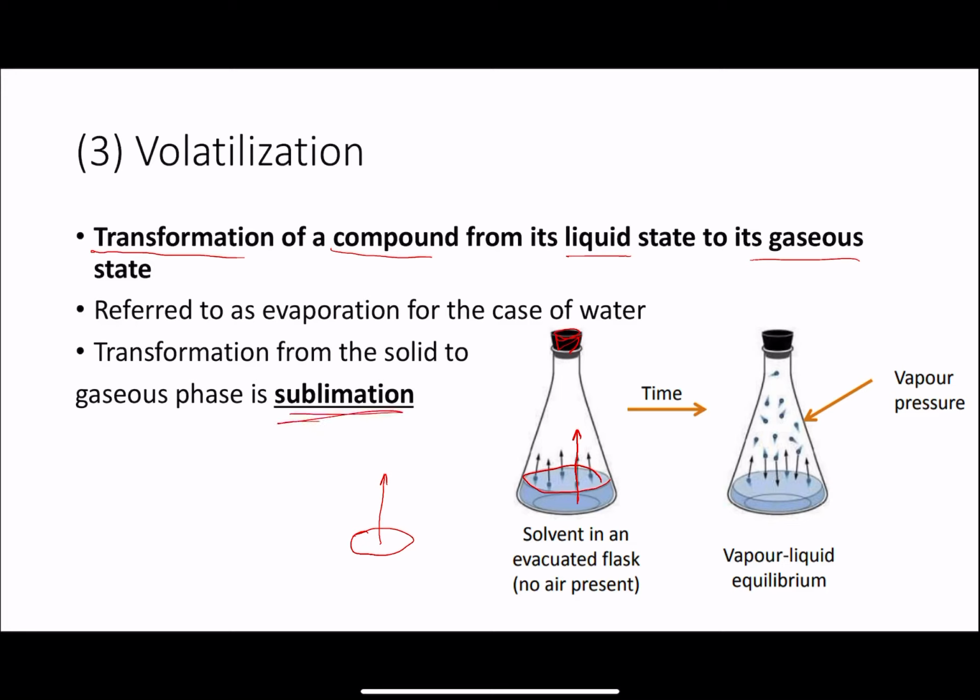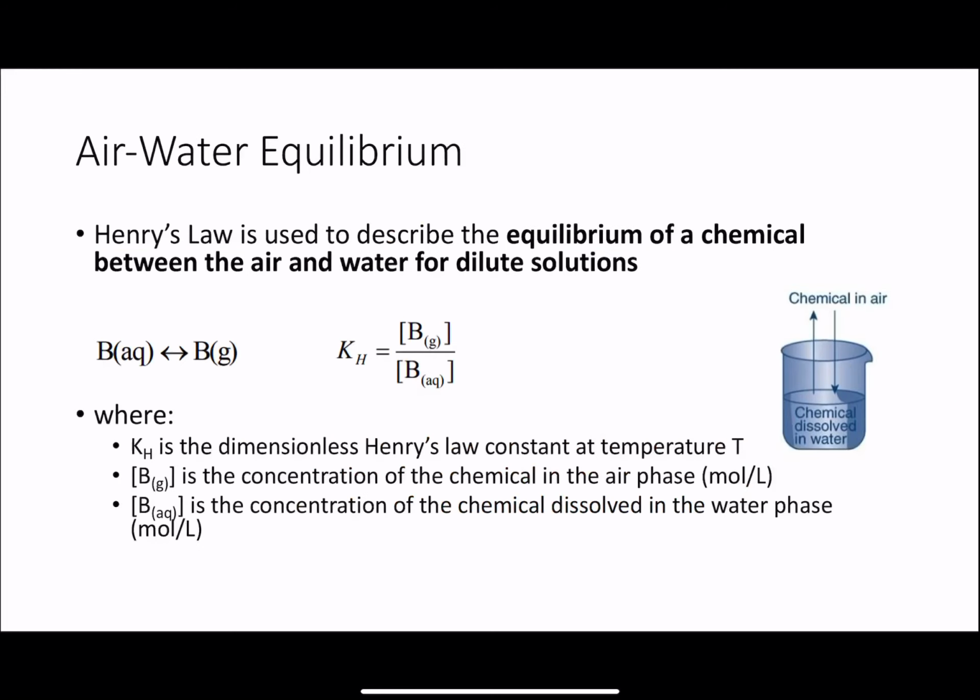Now, let's look at this flask. It's closed. So you can see that the benzene is transferring from the liquid to the gas, volatilization. With time, because this is closed, these gases will be all over the flask. So the vapor pressure of the flask will increase, which means the one with higher vapor pressure has a higher volatilization.